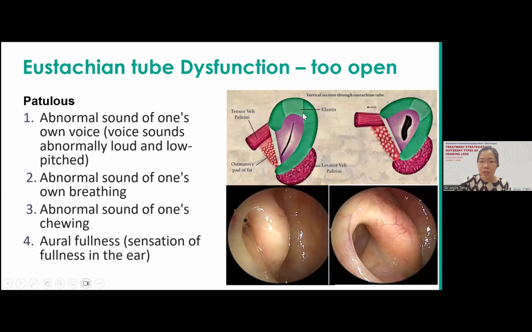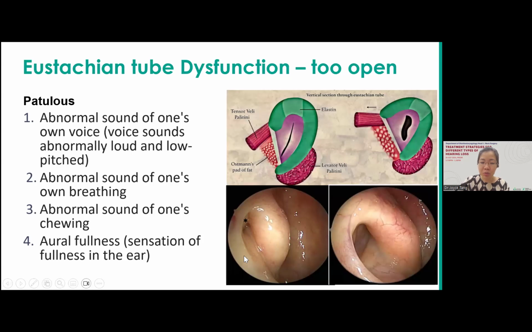I mentioned to you that the nose connects to the ear, and to prevent bacteria from constantly going from the nose, where we always breathe in air from everywhere, to prevent infections from going from the nose to the ear, this tube actually stays closed most of the time, unless we swallow or we yawn or we open our mouth or we blow our nose. And it usually stays shut because of various things, including this little piece of fat that stays here. It kind of pushes the tube closed. And it only opens up when the muscles are activated.